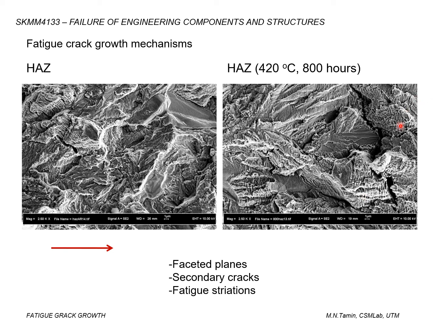It has been shown in some research that the space between each of these striation lines represents the crack propagating for one load cycle. What we see here is described as the growth mechanism of the crack, and in failure analysis it is often used as a confirmation of our mechanics calculation that the crack propagated under fatigue loading.